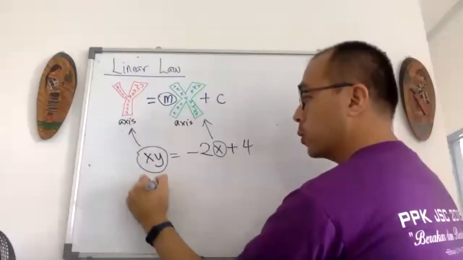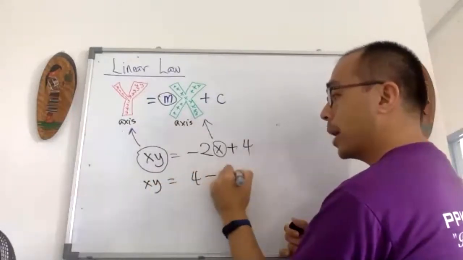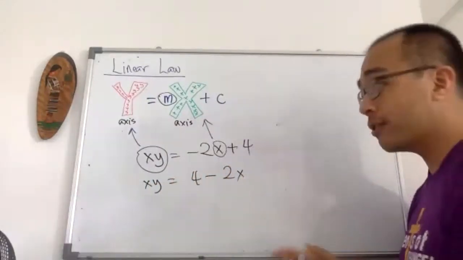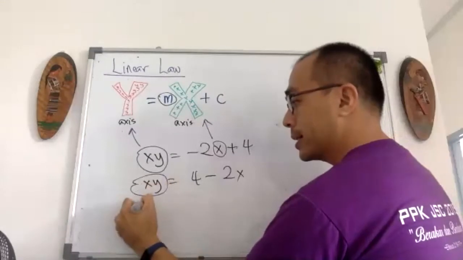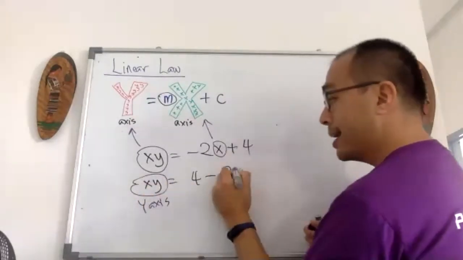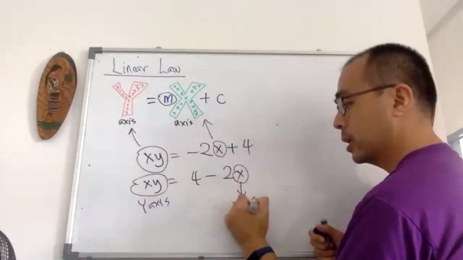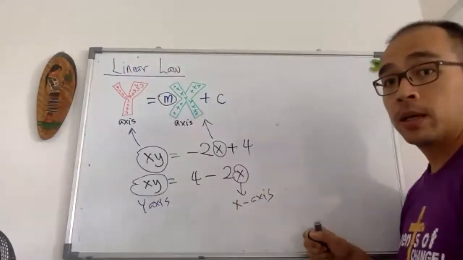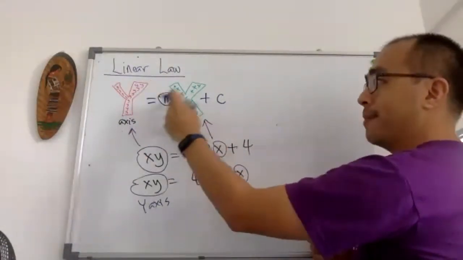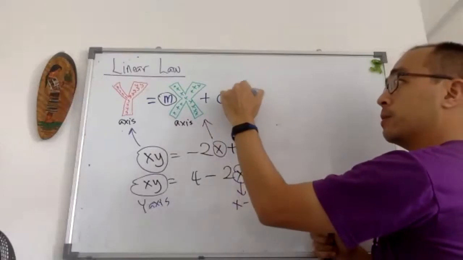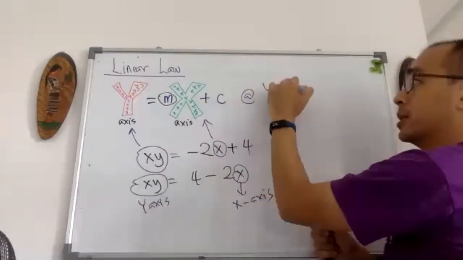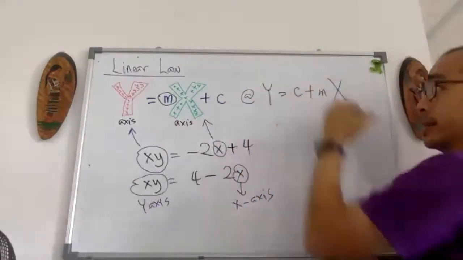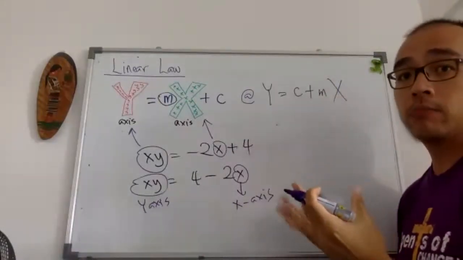It can be xy equals 4 minus 2x. It doesn't change the fact that this is the y-axis, and this one will be the x-axis. So y equals mx plus c can also be y equals c plus mx. Doesn't matter.